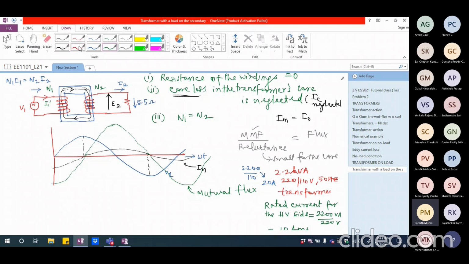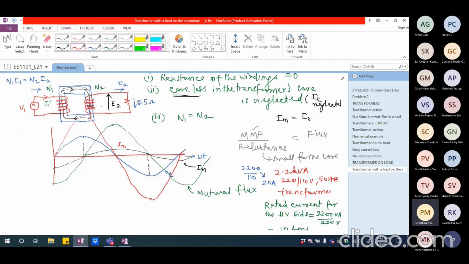So let me draw that current. That current is going to be almost in phase with V1 as well as E1, E2 and so on. So I'm going to have a very, very large current. The fraction that I have drawn is not correct. Please note, this is the magnetizing current, and it is not 5% of what I have drawn. So I'm not drawing to scale.